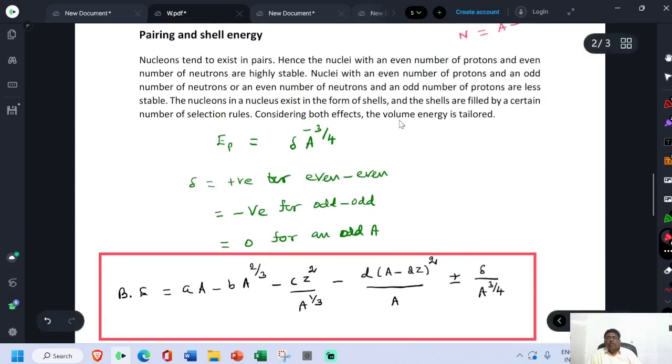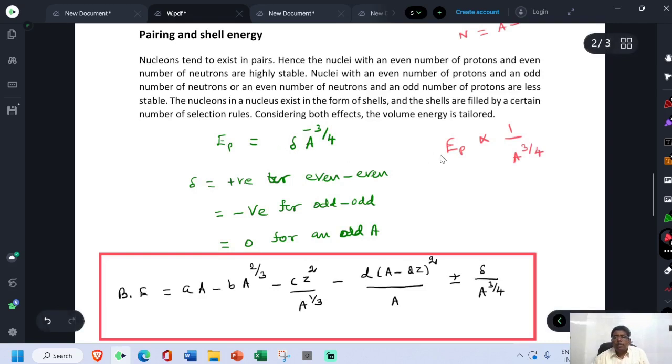Here we are going to point out the pairing energy and the shell energy. The pairing and the shell energy reduces the volume energy. So the pairing energy EP is equal to delta into A power minus 3 by 4. Here we may point out the pairing energy EP is inversely proportional to A power 3 by 4.